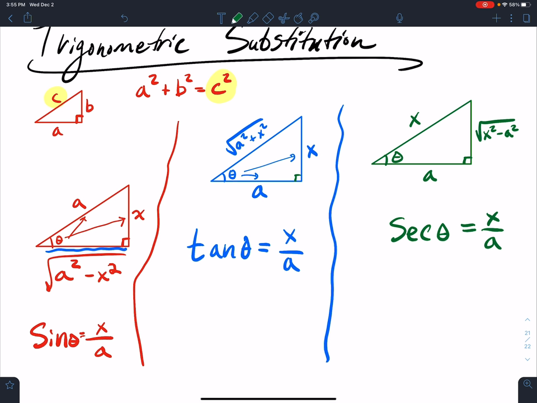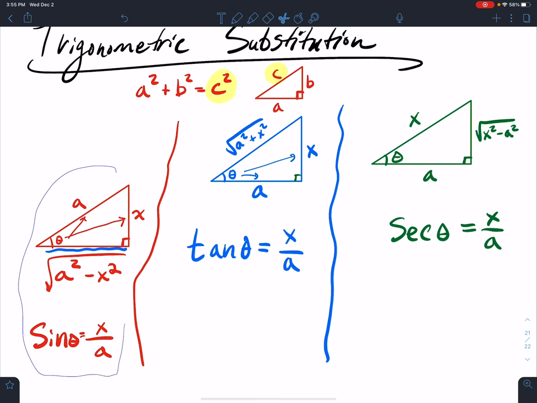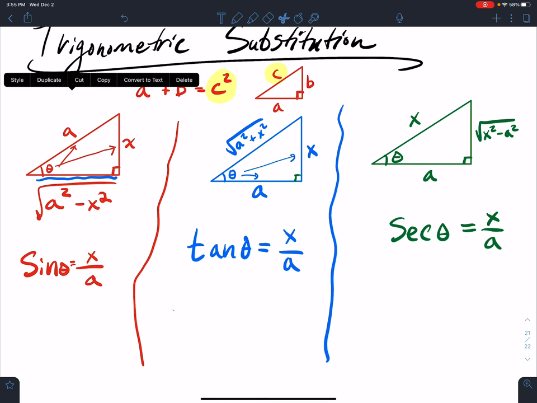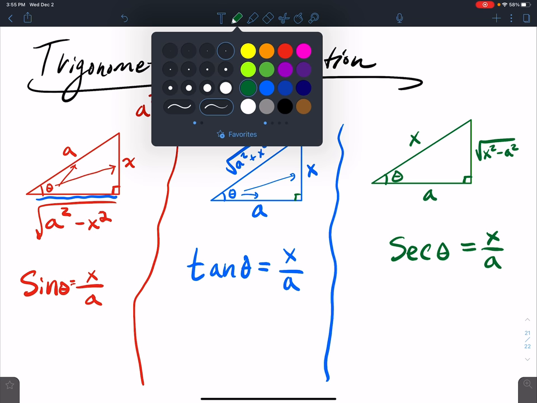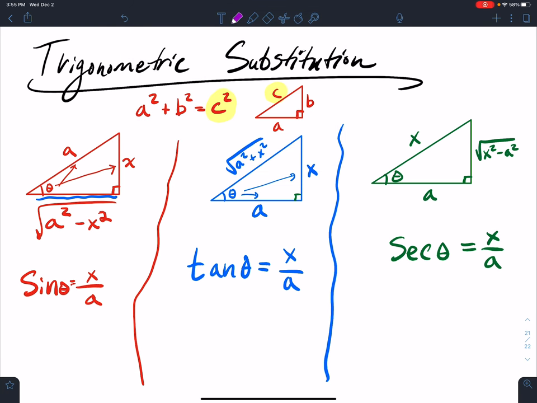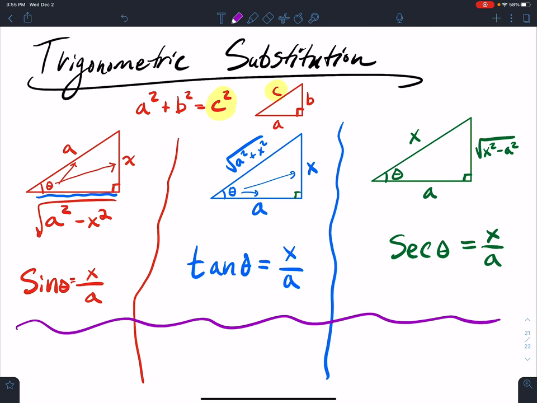Now, if you like this technique, great. To me, it seems like it's confusing to students. So what I like to use, I call the triangle dictionary. Okay, so the triangle dictionary is what I use whenever I do trigonometric substitution, because sometimes it's a little hard for students to remember all these different scenarios.